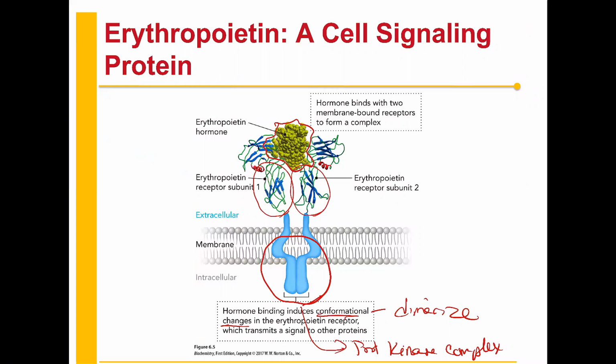Once that dimerization occurs, you're going to propagate this hormone growth signal throughout the cell. You get signals outside, but you need to make an effect eventually, usually in the nucleus, so we need some way to propagate that signal from outside to inside. So that's how we do it. The receptor on the outside will undergo a conformational change, which will then signal the next thing and the next thing. We'll see that over and over again.